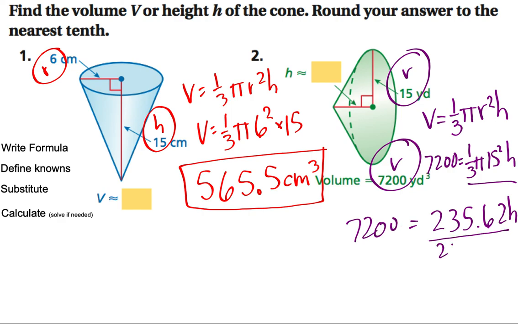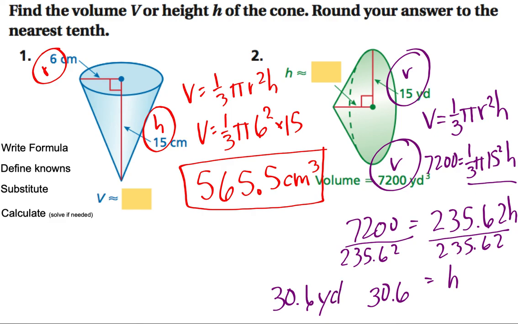We go ahead and divide by that 235.62. And 7,200 divided by 235.62 is h equaling 30.557. I'm going to call that 30.6. So this would be 30.6 yards.